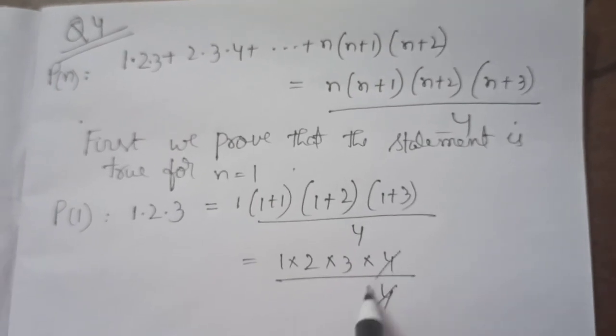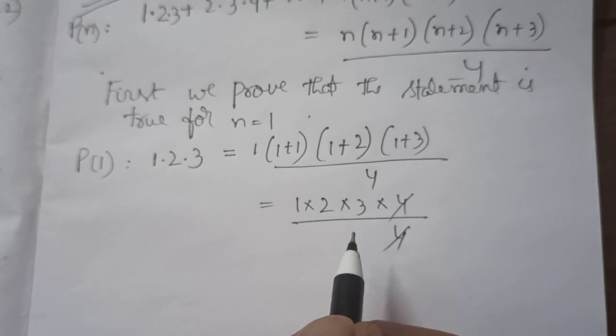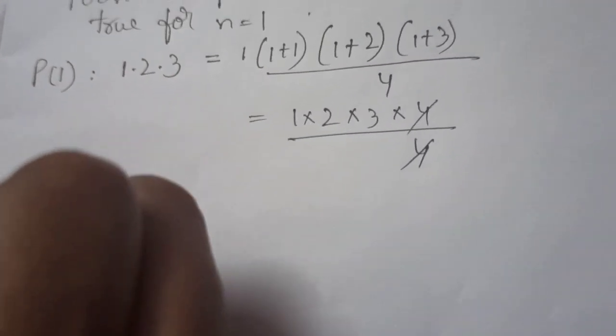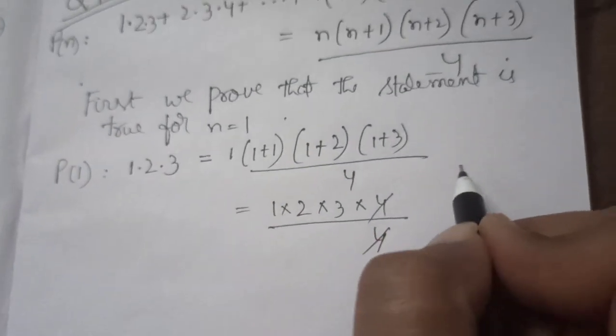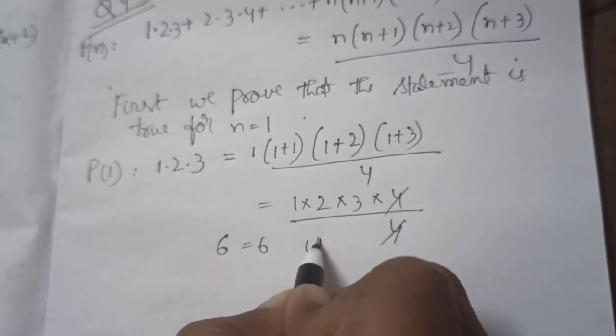So 1 into 2 into 3 equal to 1 into 2 into 3. That means P1 is true. Okay, so first the statement is true for n equal to 1. Here 6 equal to 6, which is true.